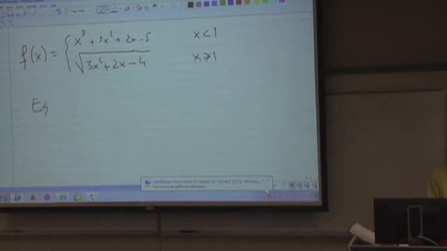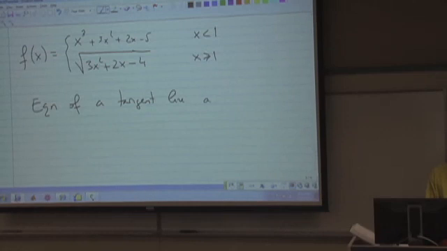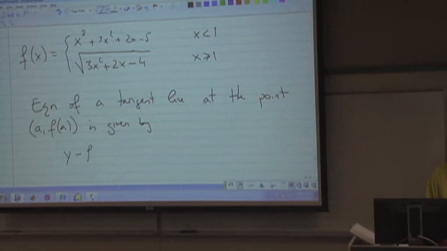So, the equation of a tangent line at the point (a, f(a)) is given by, do you remember what it is? y minus f(a) is equal to m times (x minus a), right?